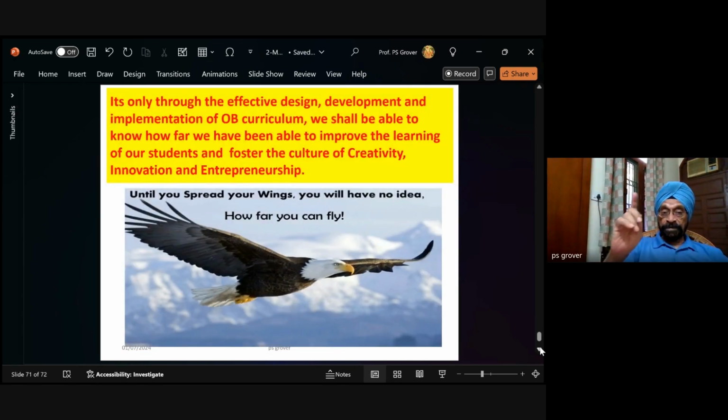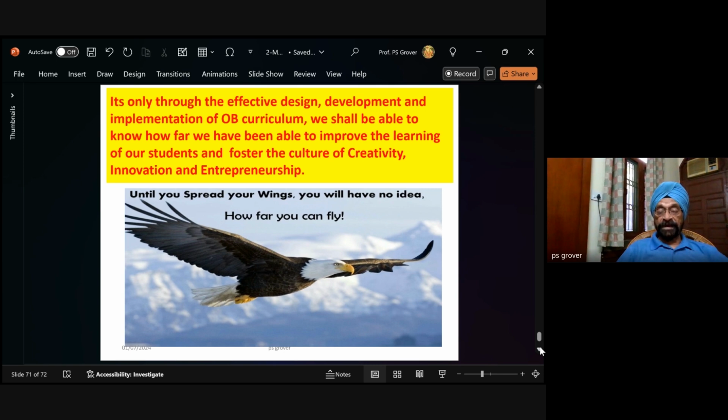Then it's only through the effective design, implementation, and development of an outcome-based curriculum that we shall be able to know how far we have been able to improve the learning of our students and foster the culture of creativity, innovation, and entrepreneurship.